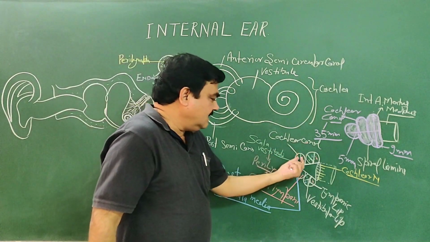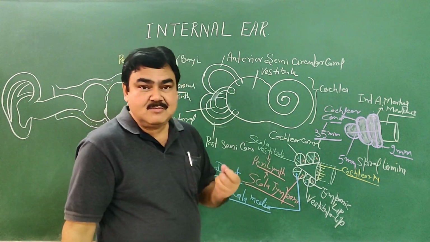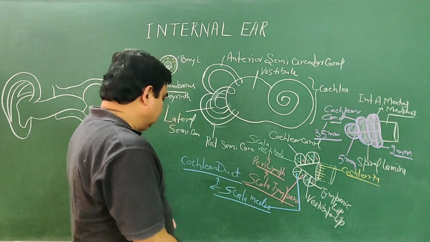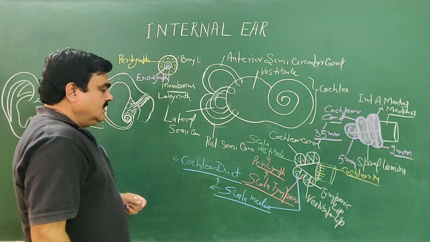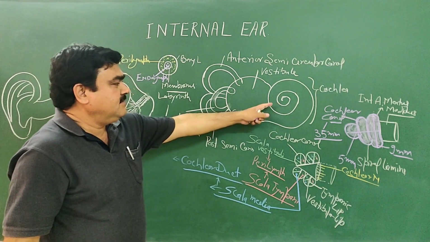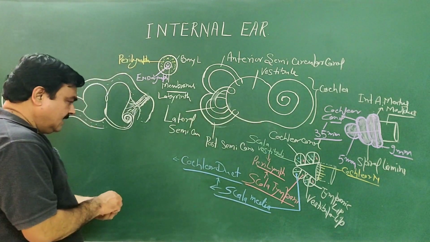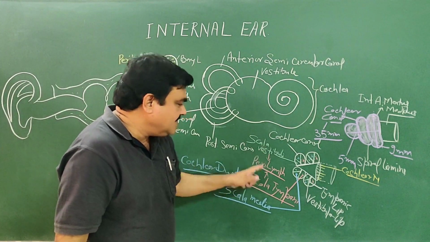In the cochlear canal, the cochlear duct is positioned between scala vestibuli and scala tympani. At the apex it is a blind duct. We'll discuss that.